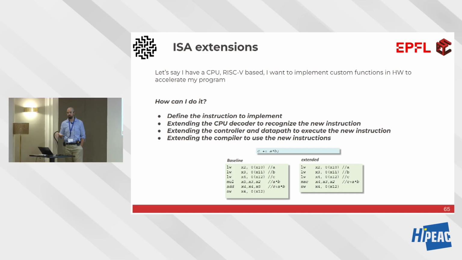That's one thing. And once you want to do it, we discussed this the other day. Also, if you are designing your own CPU, you have to find the space in the decoding space, extend the decoder, add possibly this extra read-write port to the register file, or complexify the controller.